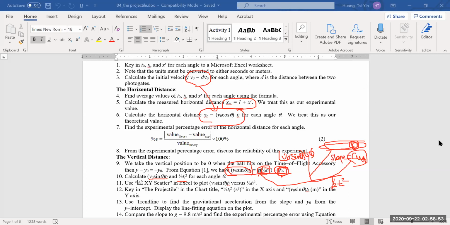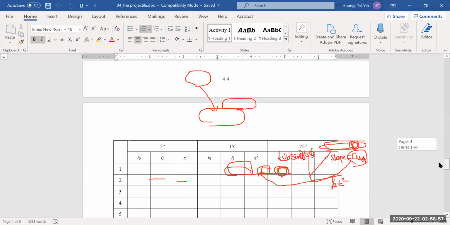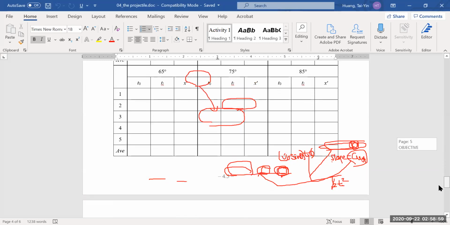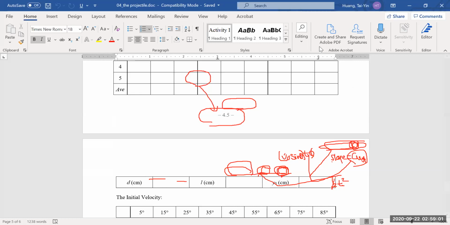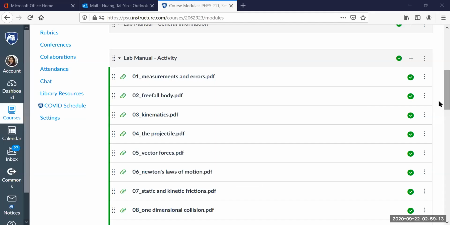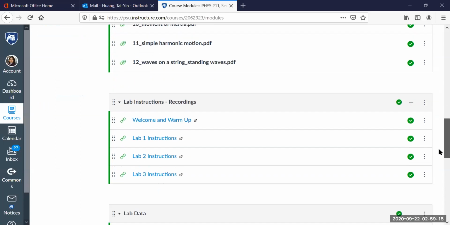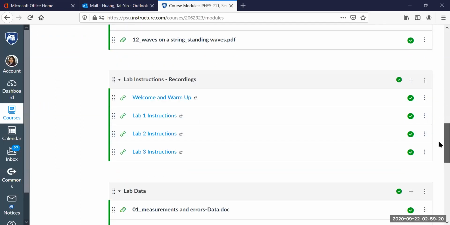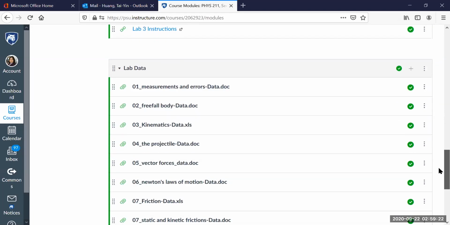Okay, so that's basically what you want to do for today's lab. So let me bring up the data. The recording again will be uploaded to this lab instruction subfolder, so it will be available for the lab data.